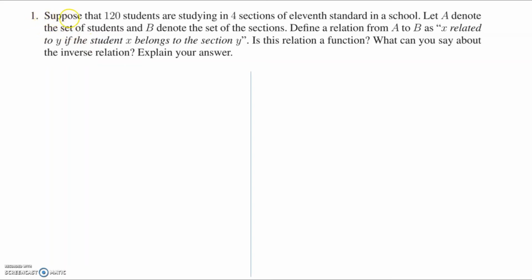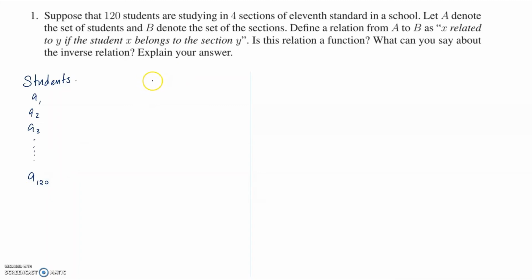Question number 1. Suppose that 120 students are studying in 4 sections of 11th standard in a school. So what we have is students, let me call them A1, A2, A3 up to 120 students.